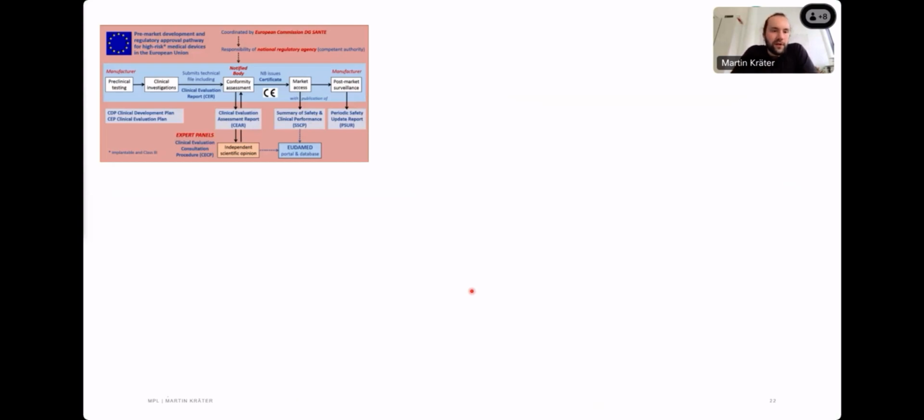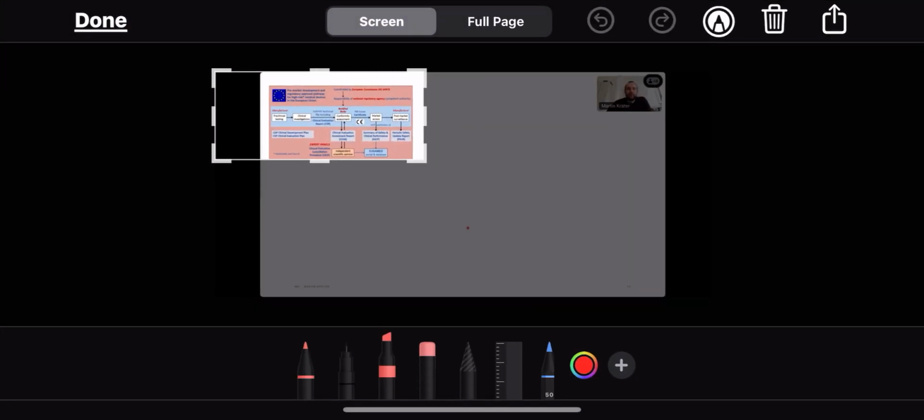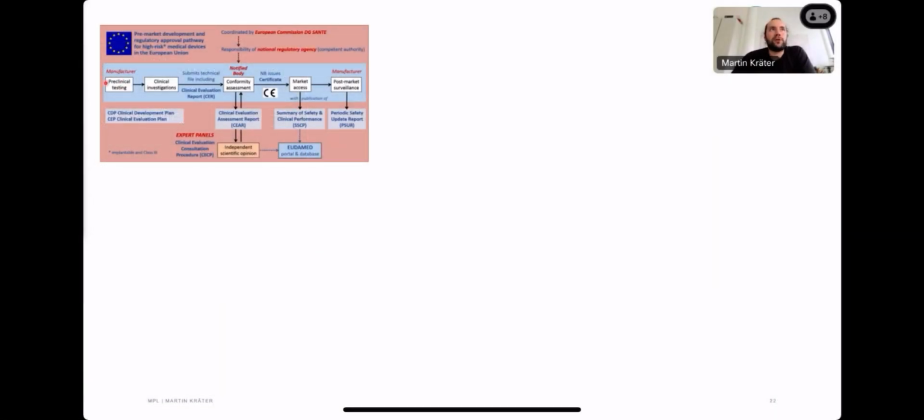But then comes the regulation part, and regulation takes a tremendous amount of time and is not fast, as we have seen with the emergency regulations during the COVID pandemic. So you have to do the preclinical testing, the clinical investigations, then the conformity assessment, and all this paperwork takes years to get granted.